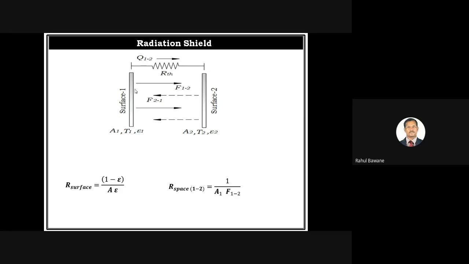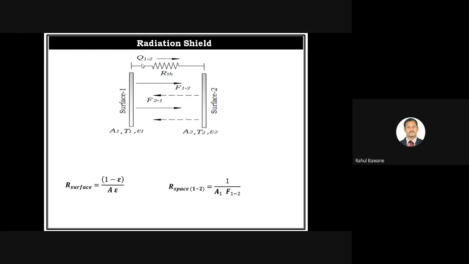Now surface resistance, suppose I am talking about surface 1. What is the surface resistance in this case? Surface resistance will be (1 minus emissivity 1) divided by (A1 times emissivity 1). And what about space resistance? Space resistance depends on the direction of heat flow.